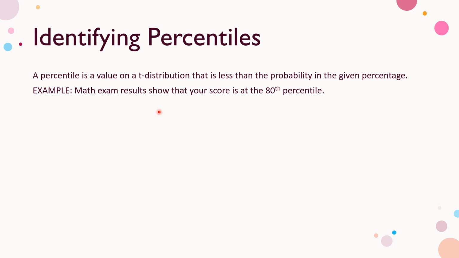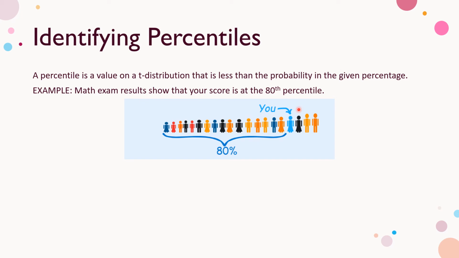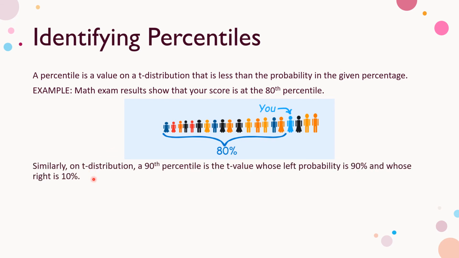So what does this mean? If this is you, then you are higher than 80% of your class. So you're rank 20 to 21st from the highest, and you got a higher score than 80% of your class. The same concept applies with t-distribution.